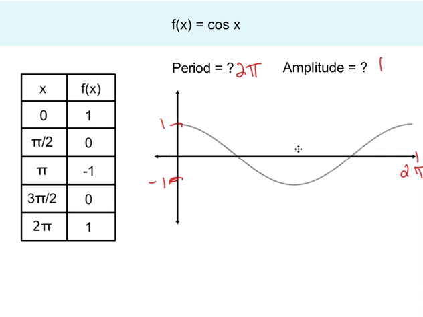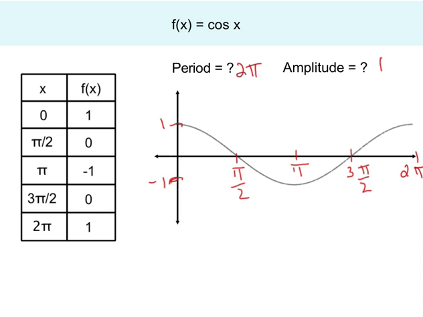This goes between 0 and 2 pi. My midpoint here is pi. Between 0 and pi, the midpoint is pi over 2. And between pi and 2 pi is 3 pi over 2.